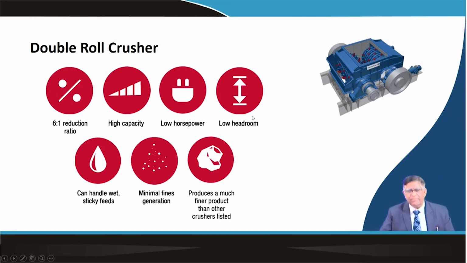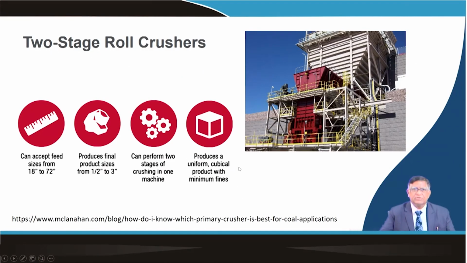It is also compact, and it can handle both wet and sticky feed because it is pushing through the teeth. That is why it can handle this type of material, the minimum fines get generated, and it produces much finer products than other crushers. So, uniformity of the product is maintained through this.